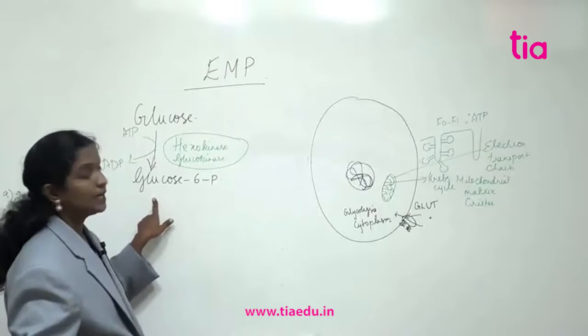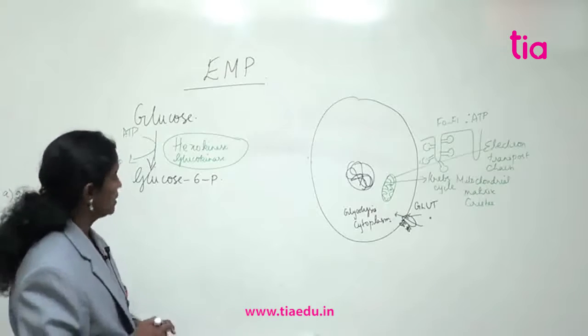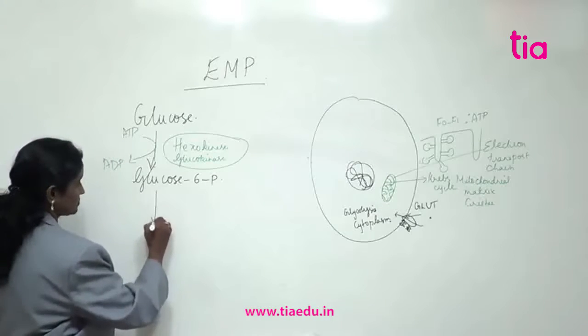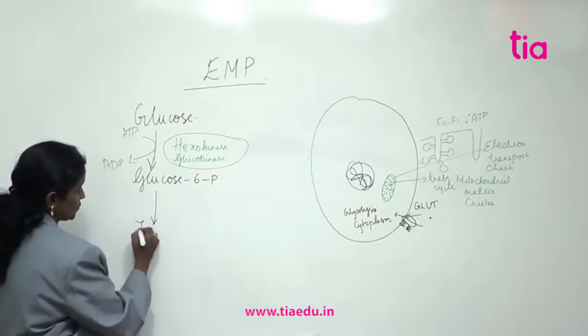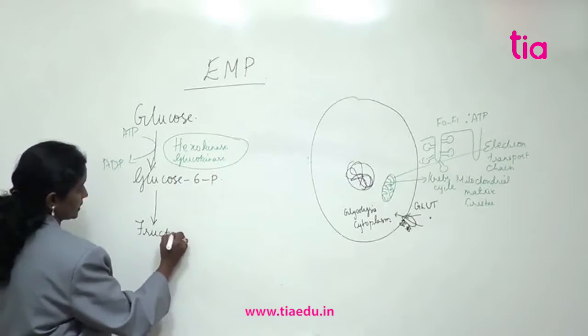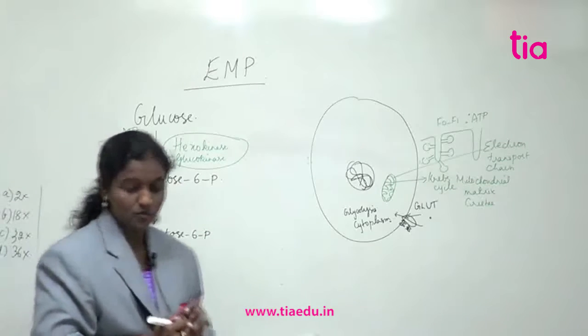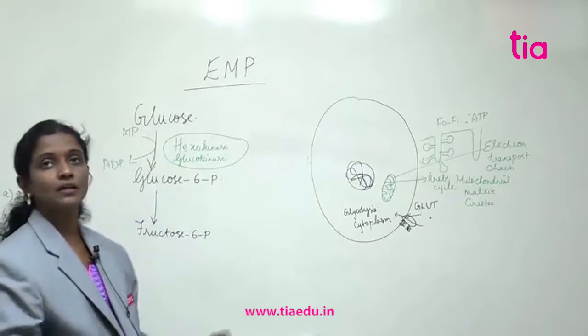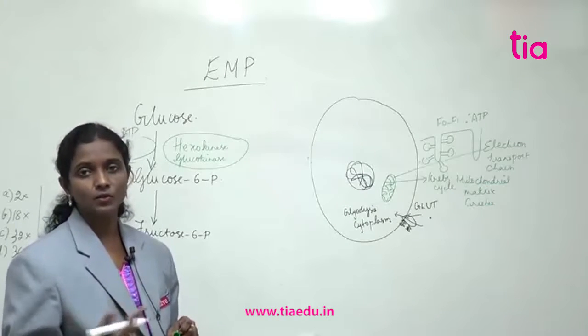So we'll go for the next step, glucose 6-phosphate to fructose 6-phosphate, an isomer. This one is an isomerase. As such, isomerases will not involve addition or deletion of molecules or compounds.